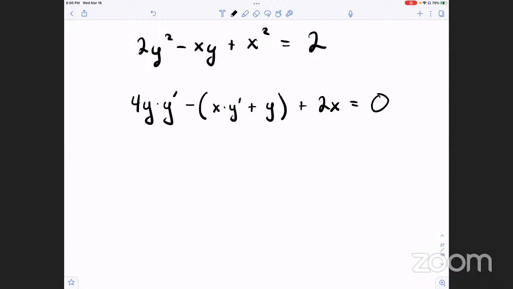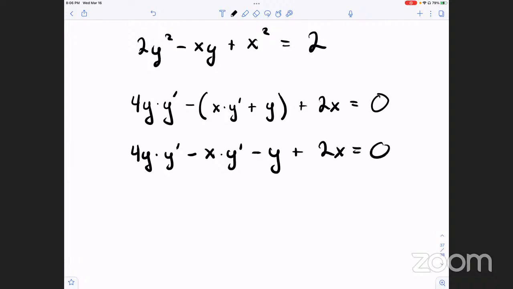So whenever we took the derivative of y, we put y prime. Let's expand this out and then group our terms with y prime on the left. Any term that does not have y prime, we're going to group on the right. So we've got 4y times y prime minus x times y prime minus y plus 2x equals 0. Using algebra, I'm going to go ahead and factor as well.